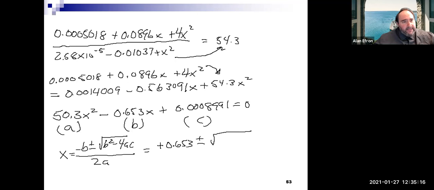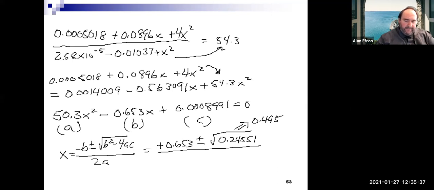If you do everything inside the square root, you end up with something like 0.24551, and if you take the square root of that, you end up with 0.495. And 2 times A, which is 50.3, would be 100.6 on the bottom.